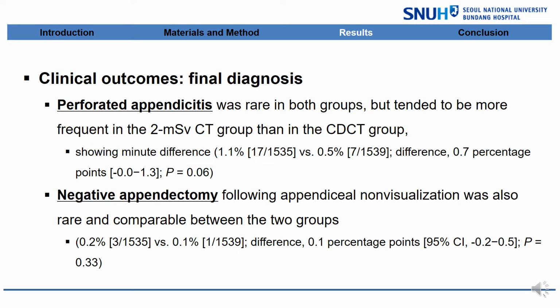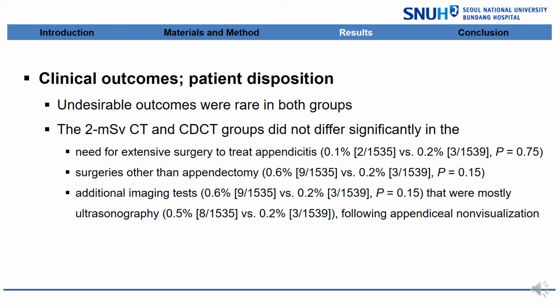In terms of final diagnosis, perforated appendicitis was rare in both groups, but tended to be more frequent in the 2 millisievert CT group than in the conventional CT group, showing a minor difference. Negative appendectomy was also rare and comparable between the two groups. In terms of patient disposition, undesirable outcomes were rare in both groups.